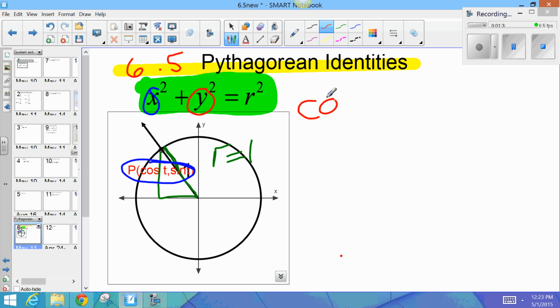So we've got cosine squared of t, okay, plus sine squared of t equals 1 or 1 squared. It doesn't matter. All right. So this rule is true. If the hypotenuse is 1, then cosine squared of t plus sine squared of t equals 1. It's a rule. It's always true.